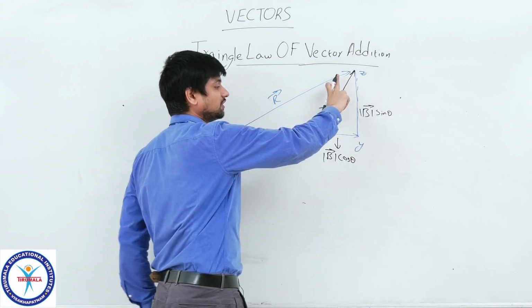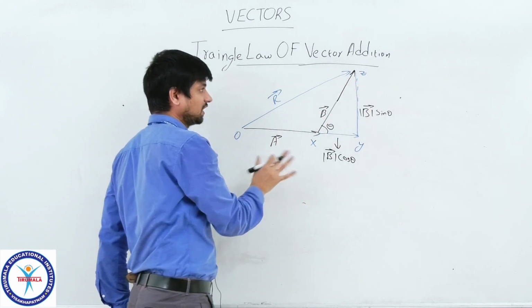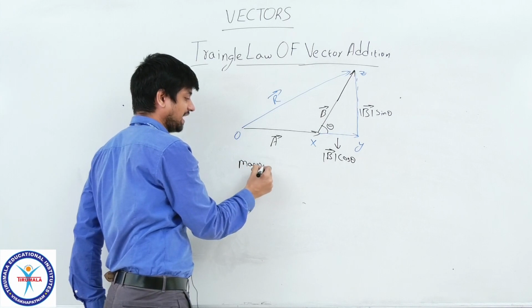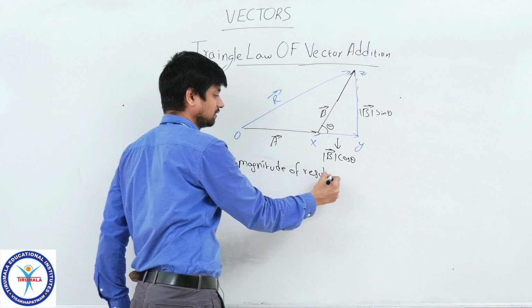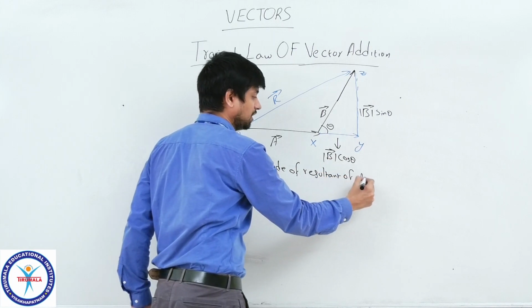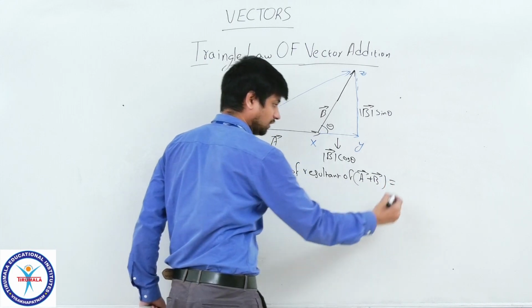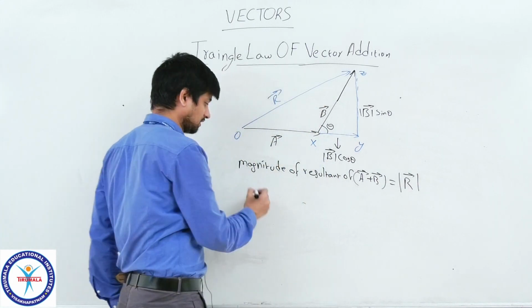This b is resolved as b cos theta, b sin theta. Okay, yes. Now, I want to know the magnitude of the resultant. Magnitude of resultant of a bar plus b bar. So, it can be equated to modulus of r bar.